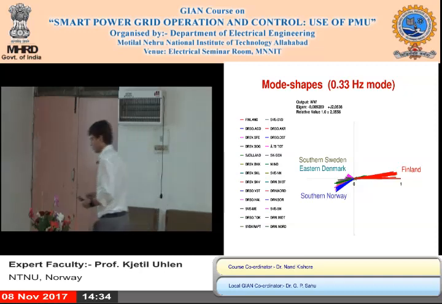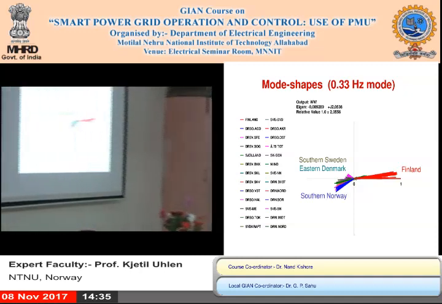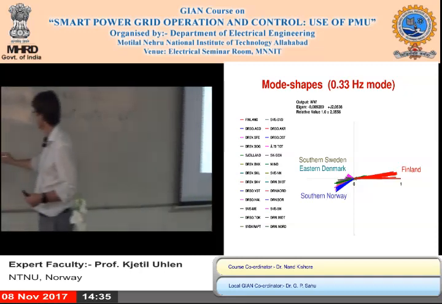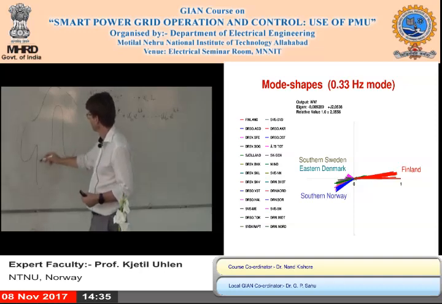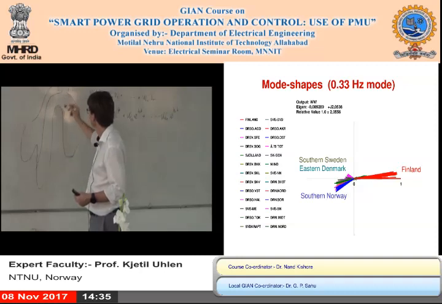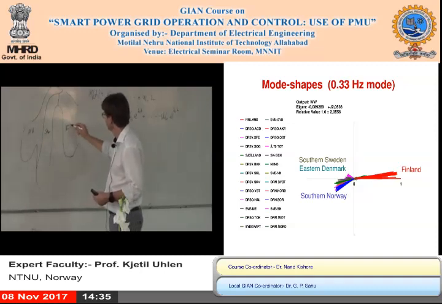I don't expect that you are very well known about the geography of the Nordic countries, but let me try to draw it. This is Norway, this is Sweden, this is Finland, and this is the Baltic Sea.